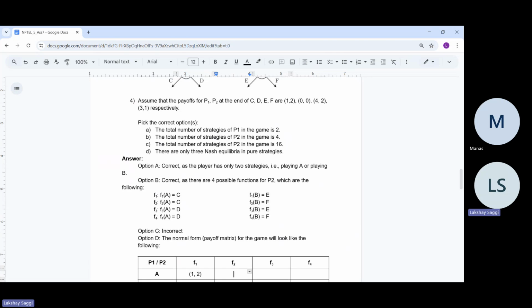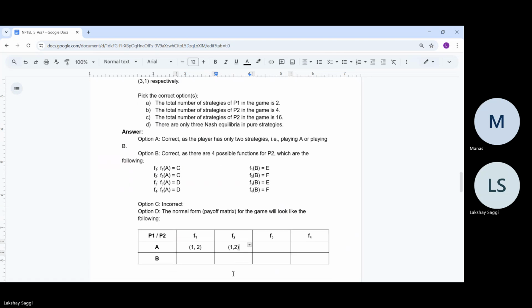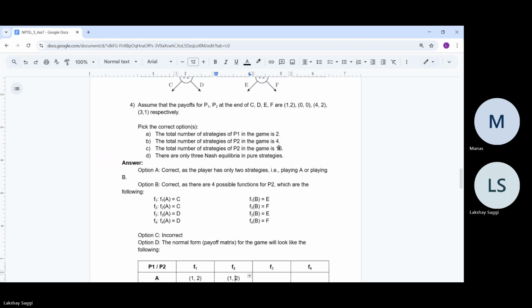And now if player 2 decides to play F2, but player 1 decides to play A only, then again the outcome is C, and in this C again the payoff is 1, comma 2. And again, if we are talking about F3 and player 1 still playing A, then the outcome is actually D, and D's payoffs are 0, comma 0.